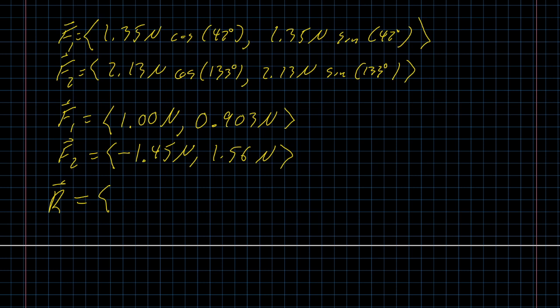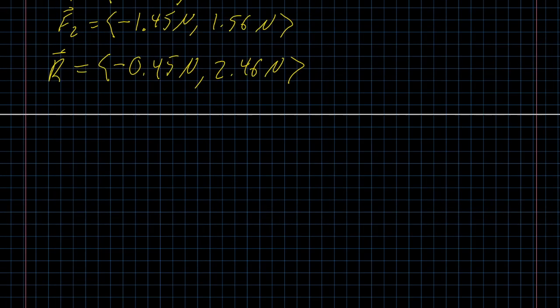1.00 minus 1.45 is negative 0.45 newtons. 0.903 plus 1.56 is 2.46 newtons, rounding to the nearest hundredth of a newton, which was my worst precision there. And I can find the magnitude.